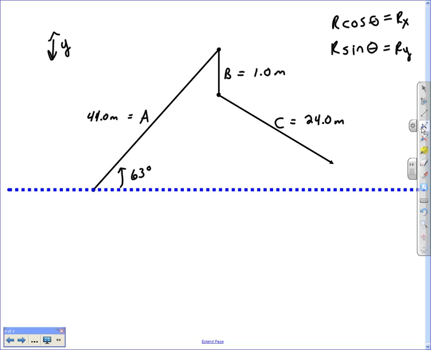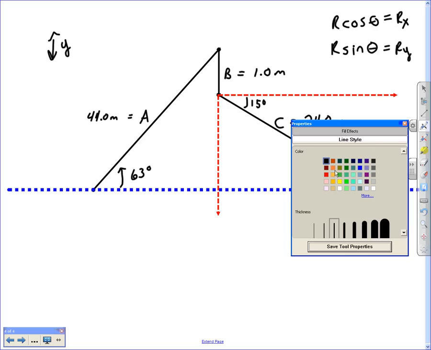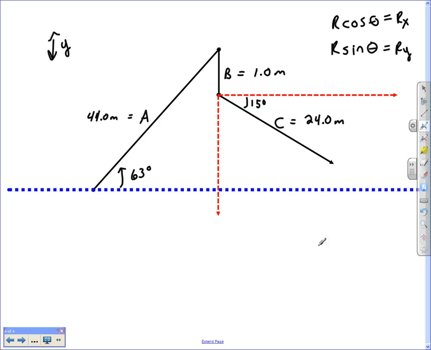Now, the tricky part to this was that there were two ways to analyze vector C, okay? I'm going to draw some red arrows here. You could have analyzed vector C from this angle, being 15 degrees, and that would have been the best choice, okay? Some people I know chose to analyze this from this angle being 15 degrees.